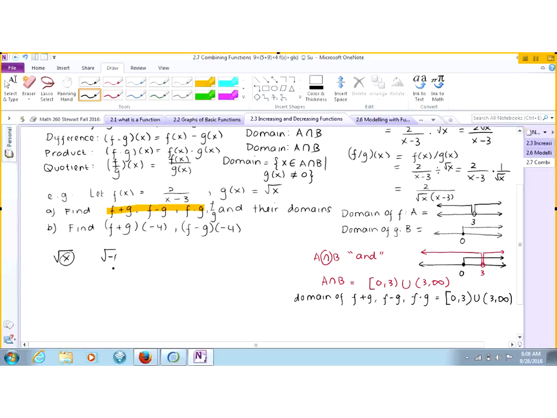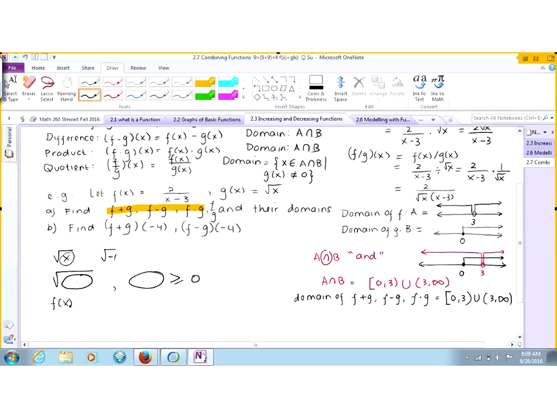You can. Not only positive, but also 0. So if you have a square root and you want to find the domain, you have to set whatever is inside greater than or equal to 0. So that is the domain of this function. The radicand must be greater than or equal to 0.